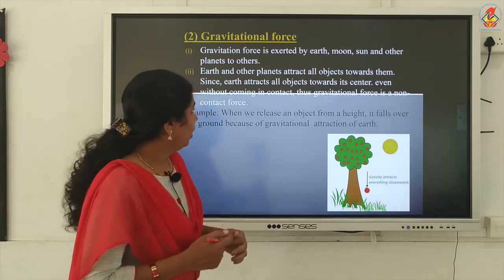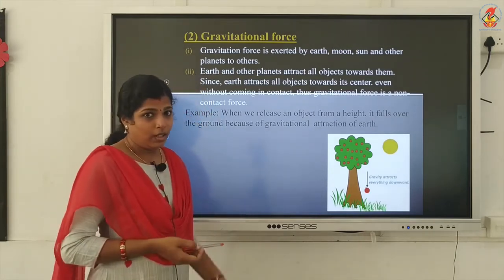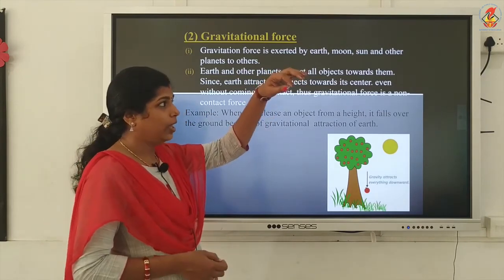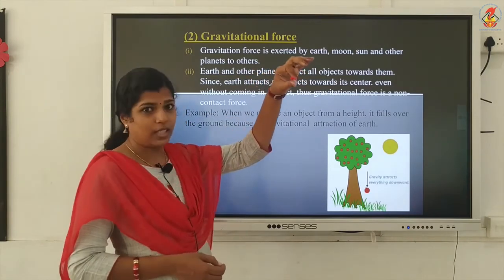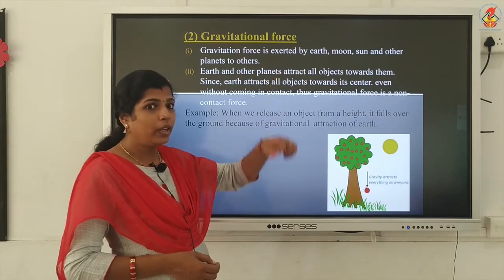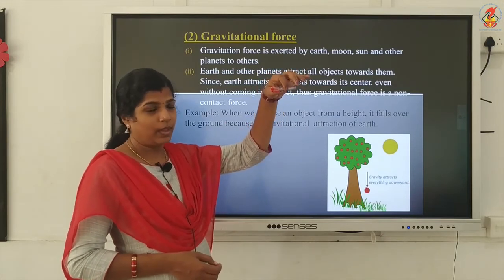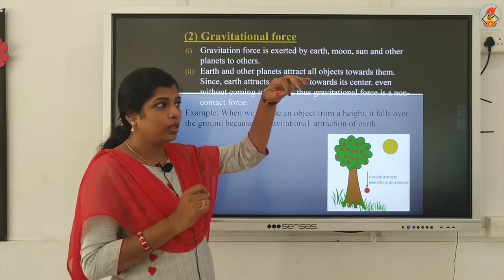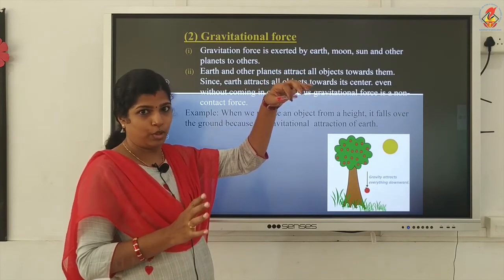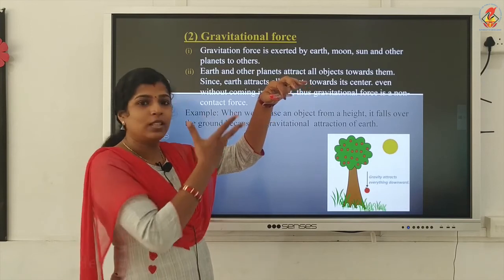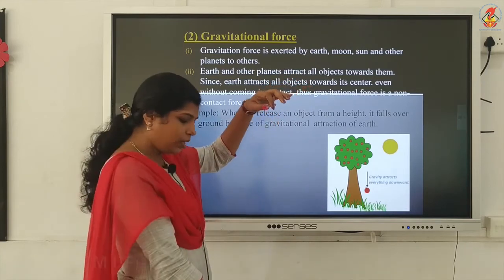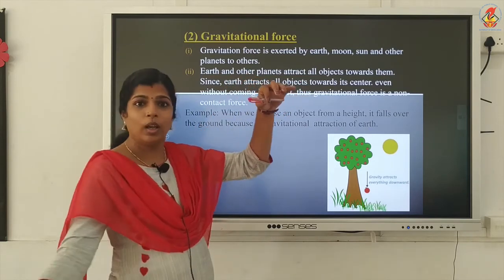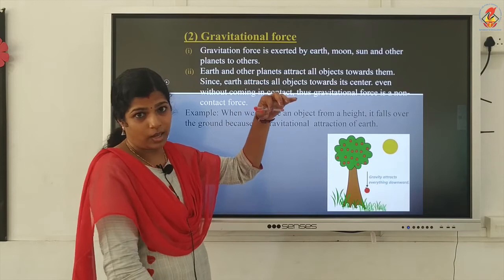Because of this gravity, when you hold an object at a height and release it... Now, when I am holding it, I am using my muscular force. To hold this pen, I am using my muscular force. When I release this object, it will directly go down, directly come to the ground.